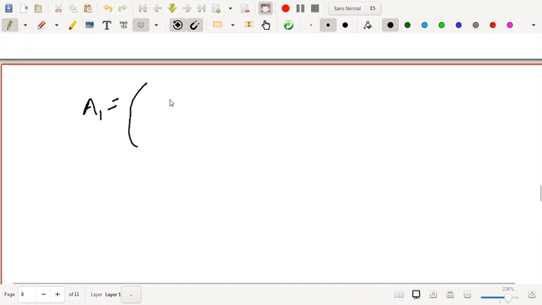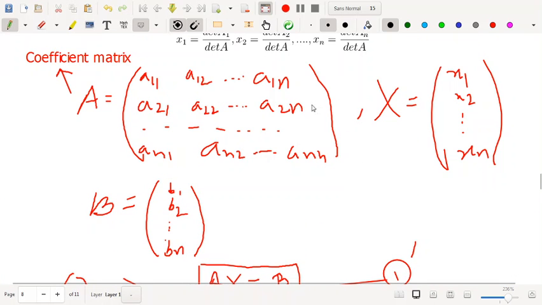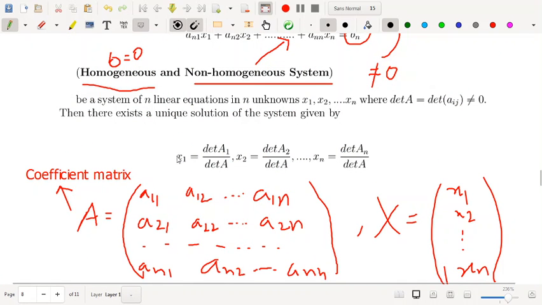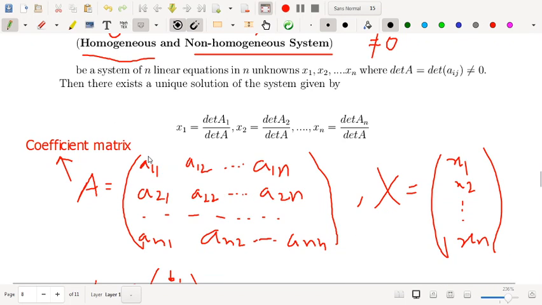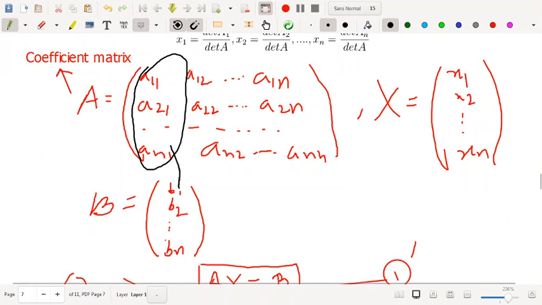You are replacing the first column by this B matrix, that is b1, b2, bn, this column matrix.